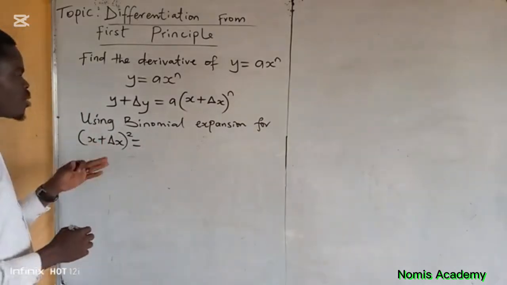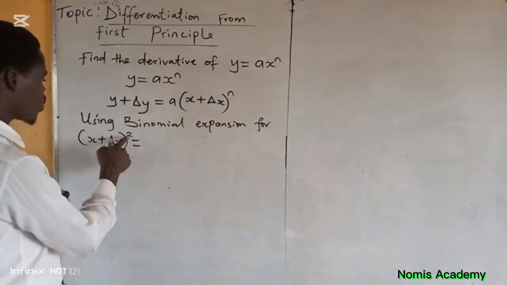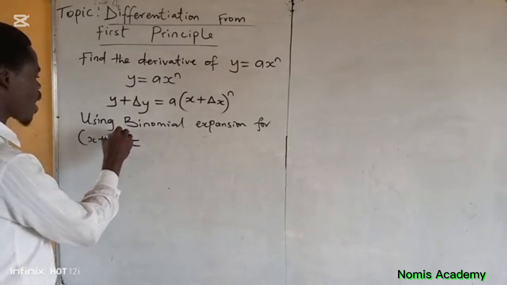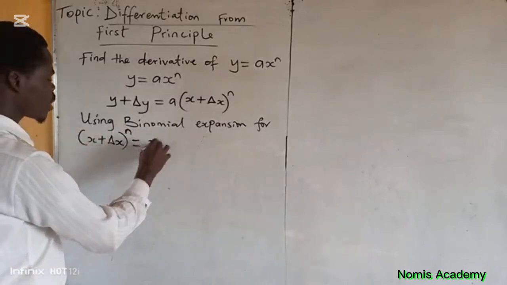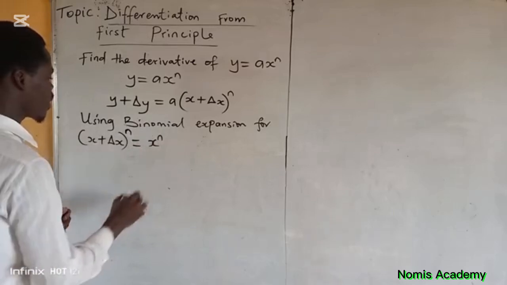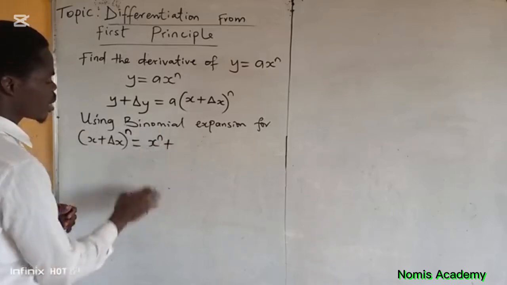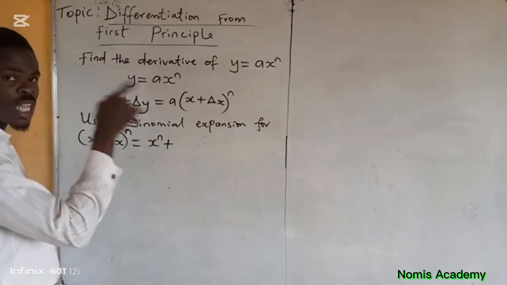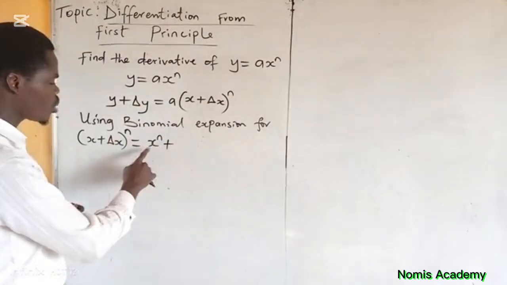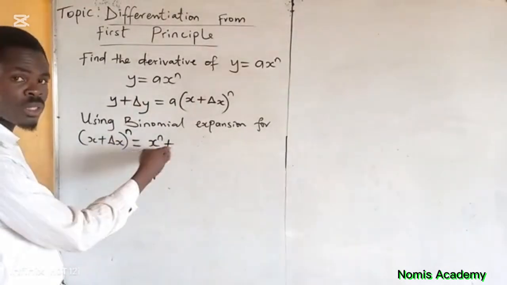Alright, using the binomial expansion, this is raised to the power of n. So the first thing we have is x raised to the power of n plus, in the first term, the power of delta x is 0, which gives 1, and that's why it does not appear in the first term.